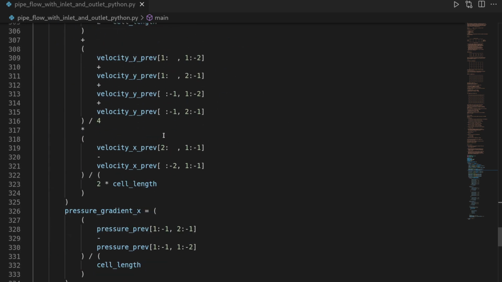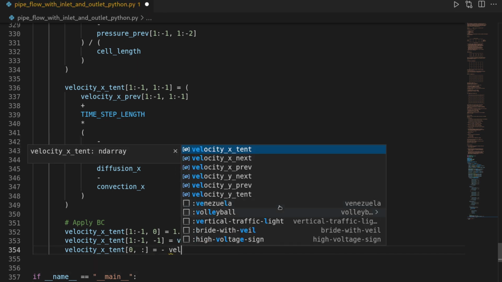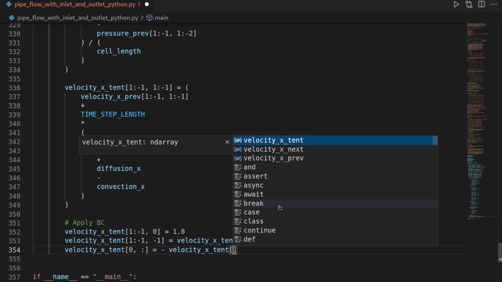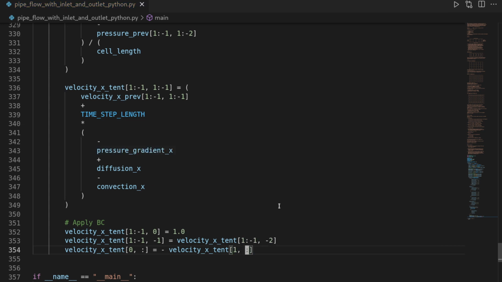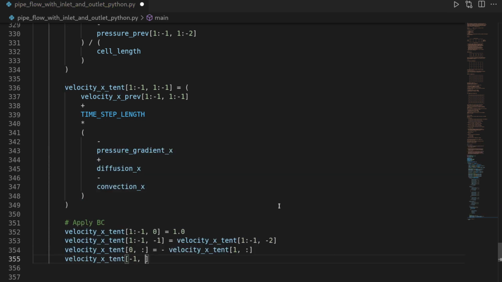And the same holds true down here, such that we can then set it to the negative value. So say negative velocity x tentative at 1 and then colon. And this will be the bottom edge. So let's do the top edge as well. Velocity x tentative minus 1 colon is minus velocity x tentative at minus 2 and colon. And that's the solution of the momentum equation in U.